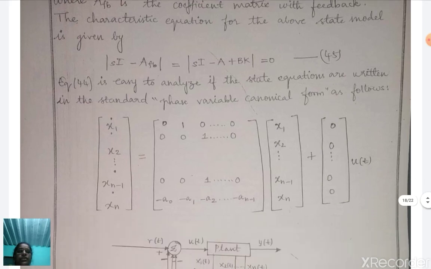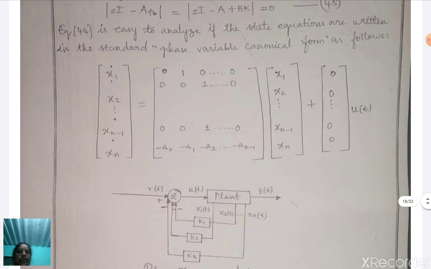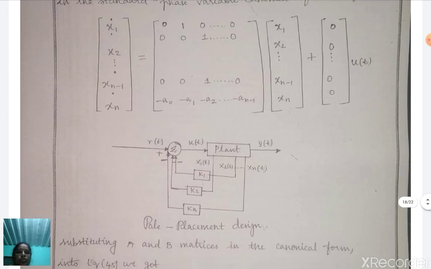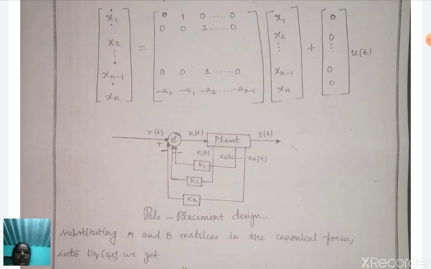Now the equation is written in the matrix form, you see on the screen only. Now the pole placement design diagram is R of t, summation, K1, K2 up to Kn, and then u of t only, and then the plant, then you can get the y of t.